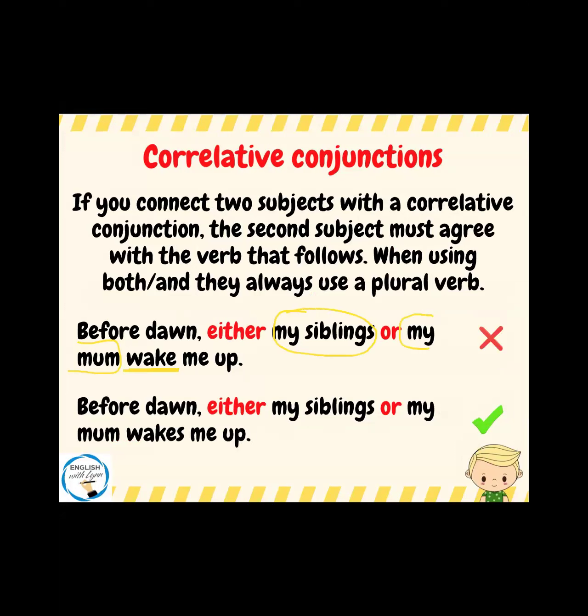If I was saying, before dawn, my siblings wake me up, that would be grammatically correct. But because I've got this correlative conjunction saying that it's a choice between who wakes me up, either my siblings or my mum, because mum is the last subject within the sentence, it is closer to the verb than the siblings. And this is what we mean by proximity.